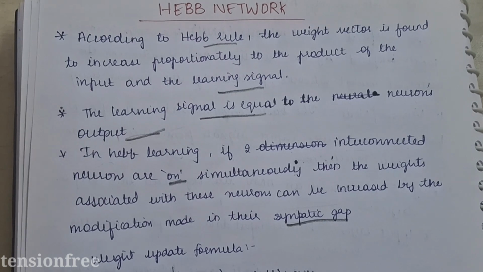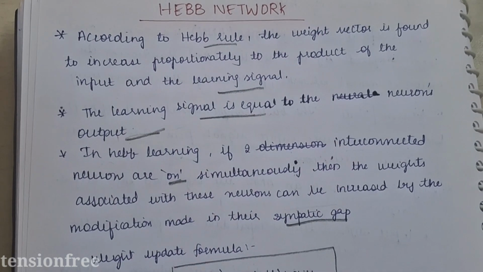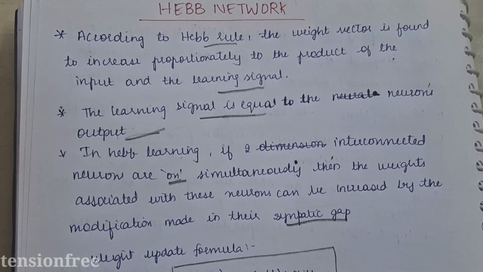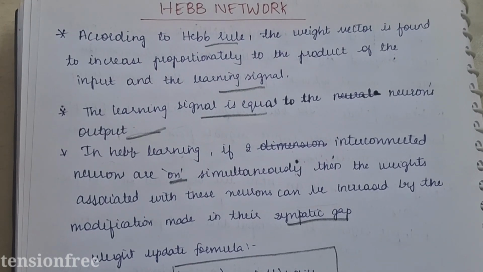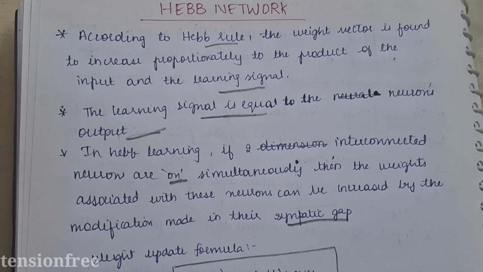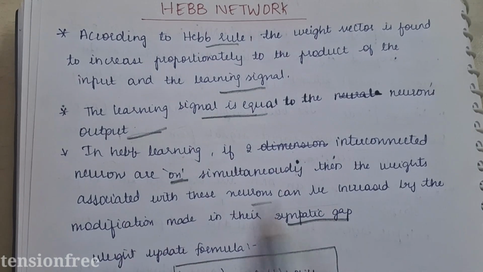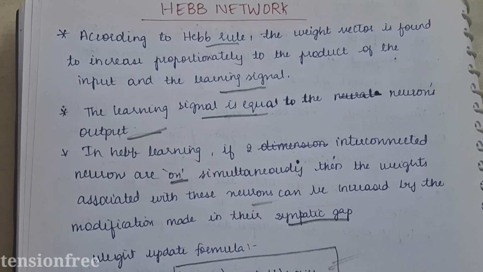Weight new is equal to weight old plus xi y. This is how we can modify the weights associated with the neurons using this formula.